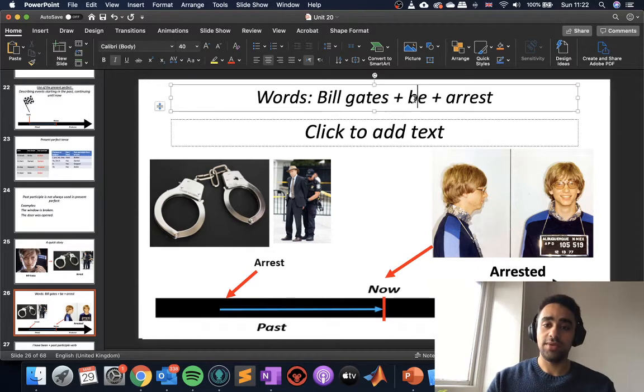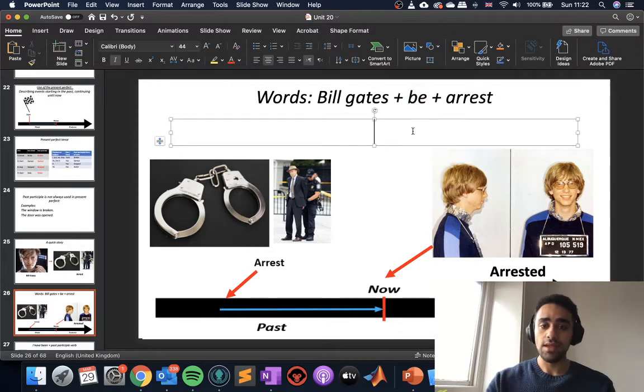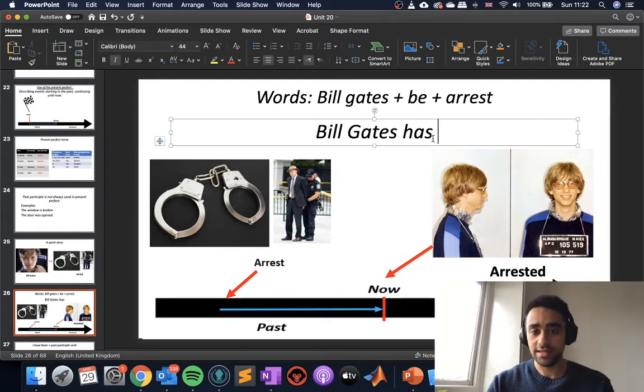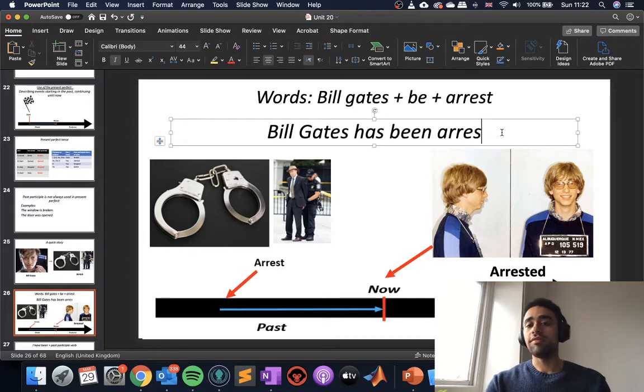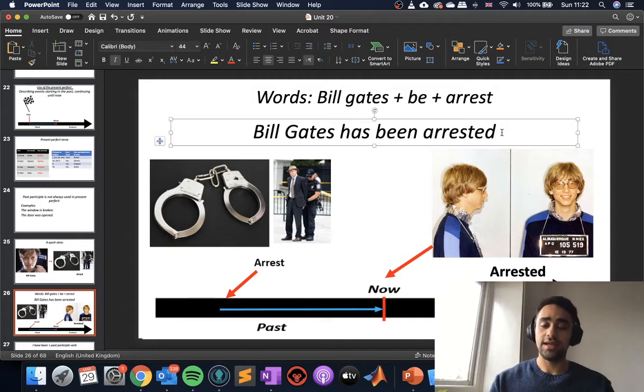So our verb is be. Bill Gates has, because Bill Gates is like he or she, it would be has been, the past participle of be. And then we use the past participle of arrest, arrested, as well.